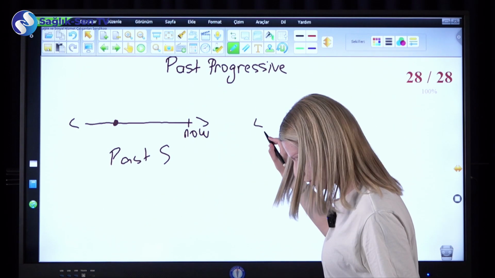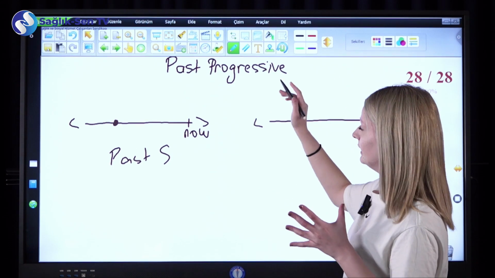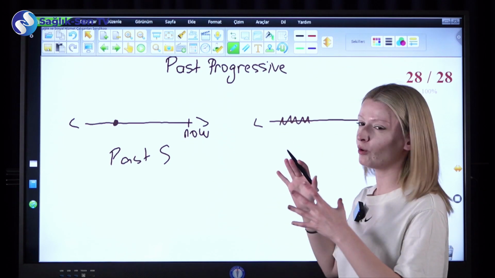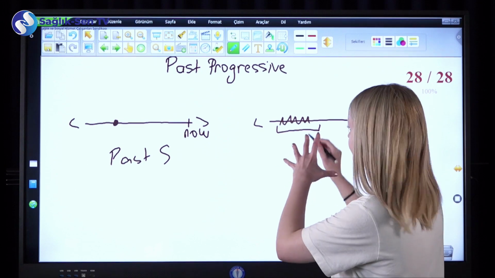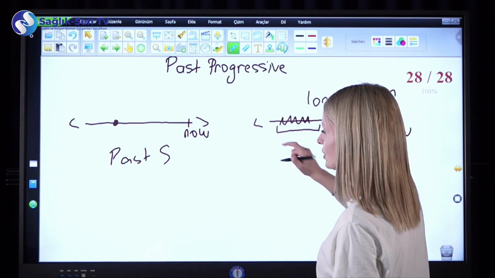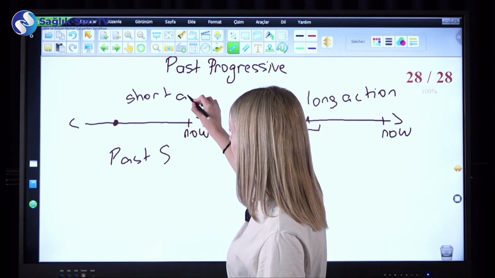But if I want to show past progressive, the action happened for a while. We have a time period here. This is what we call a long action, and past simple we call a short action.